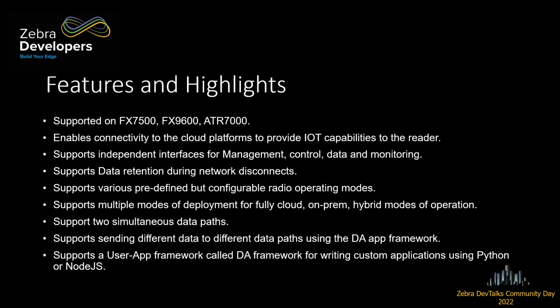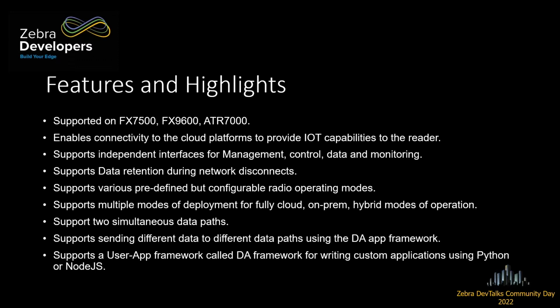What IoT connector provides is similar, but if it is not able to send the data events to the endpoint that is configured for data, it will start buffering it on the reader itself, and it will retain that data until the network connection is restored. And once the network connection is restored, it will send all the data back, so you don't lose any data. In addition to it, you can also configure the throttle at which the data is sent back.